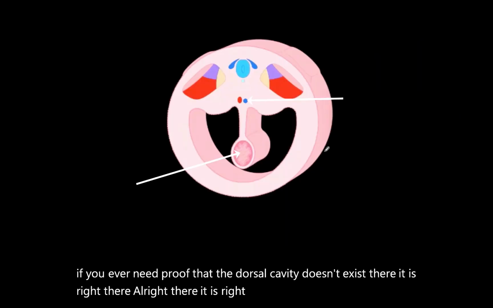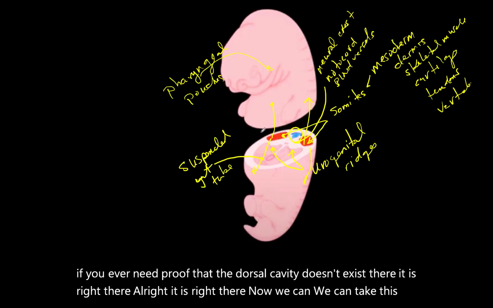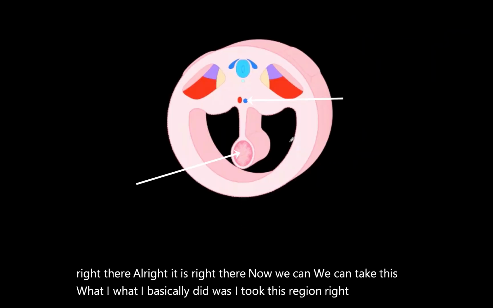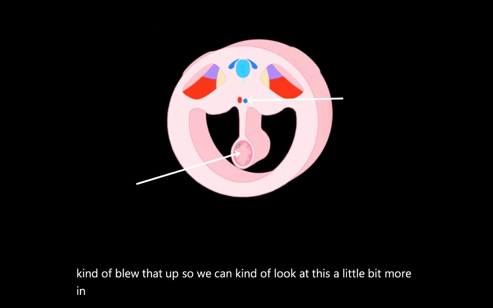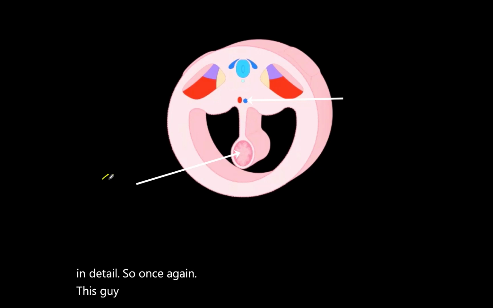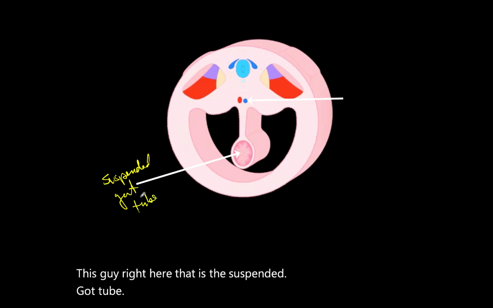Now, we can take this. What I basically did was I took this region right here and blew that up, so we can look at this a little bit more in detail. So once again, this guy right here, that is the suspended gut tube.